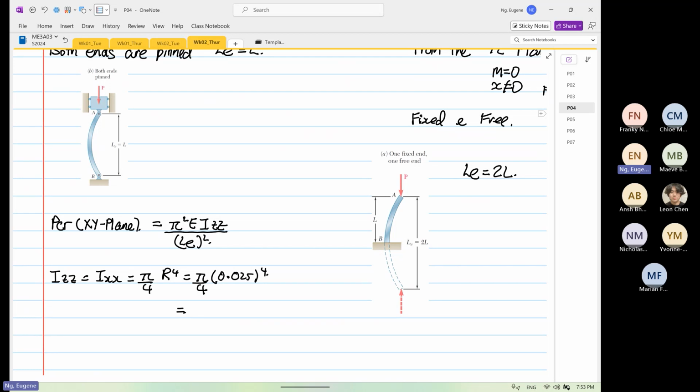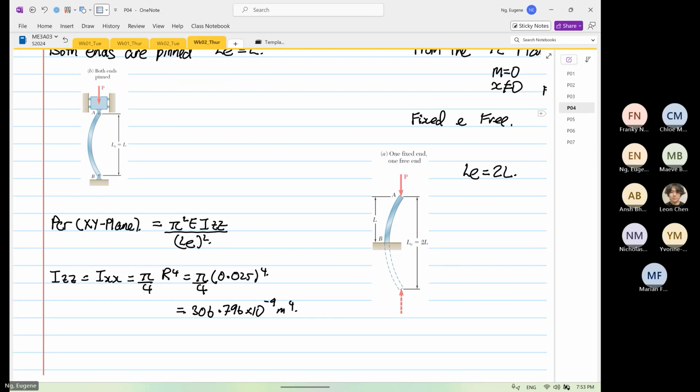This is 306.796 times 10 to the power minus 9 meter 4.